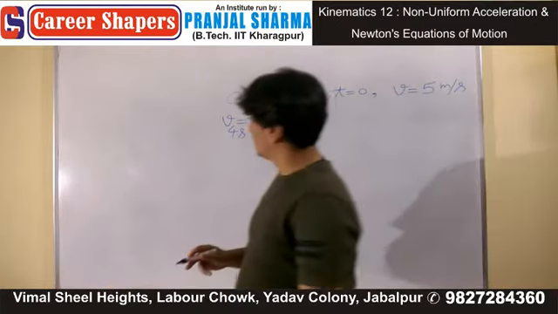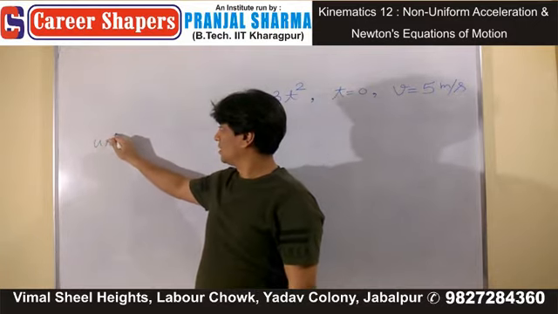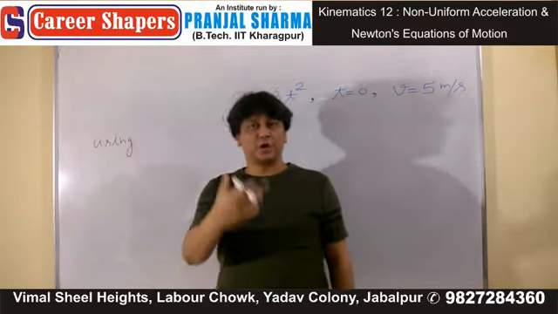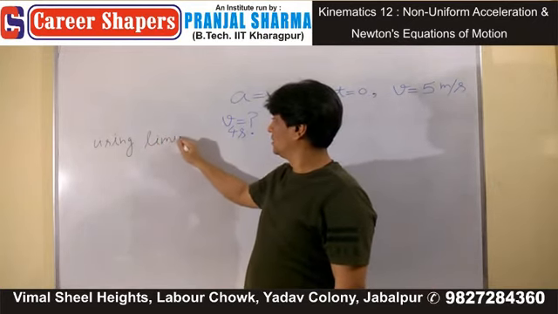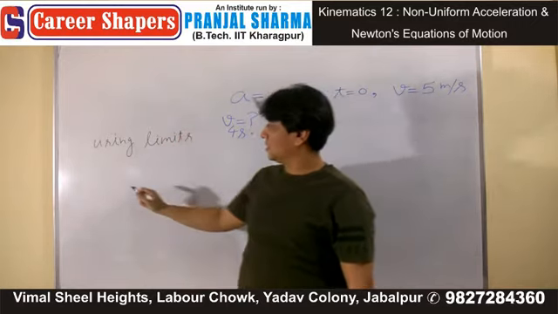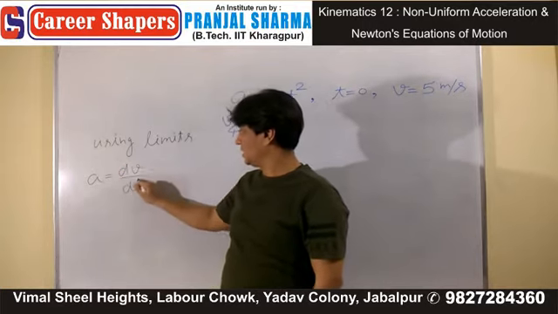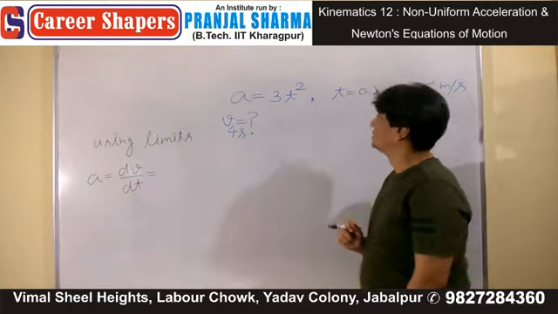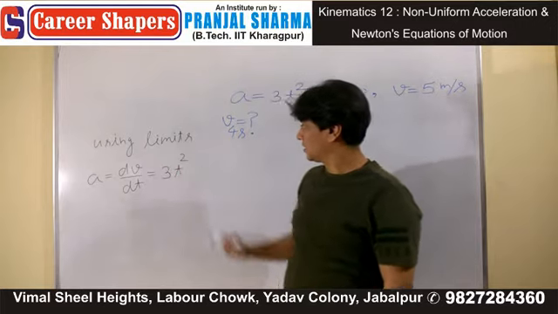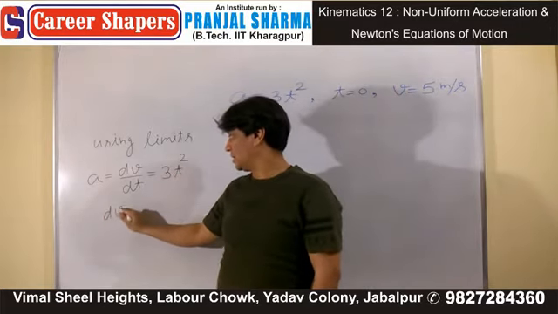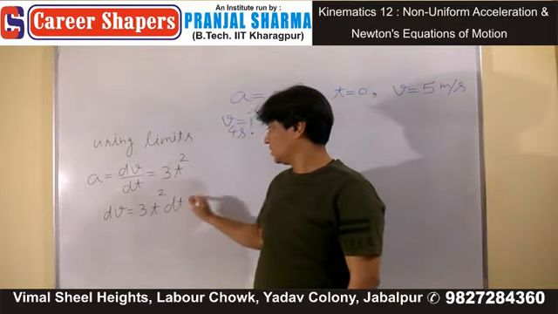Look at the first method, using limits. In exams, you can use any method, first or second, it doesn't matter. Acceleration, which is dv by dt, is given as 3t square. Cross multiply, it becomes dv equals 3t square dt.